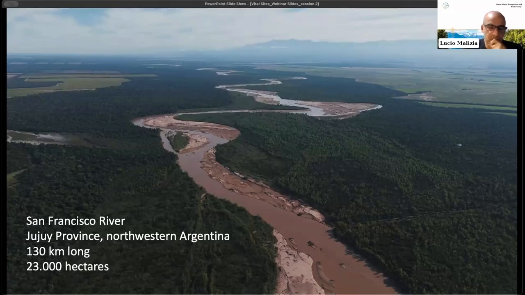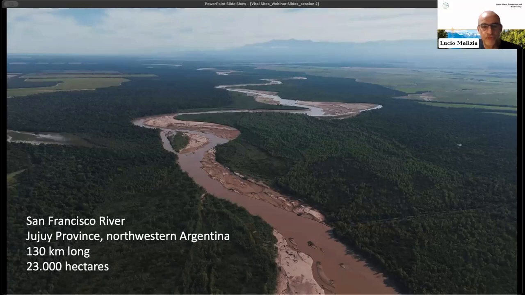The development of this project started with land use planning of native forest at the scale of Jujuy province. Jujuy is a province in northwestern Argentina, and Argentina is located in the southern portion of South America.